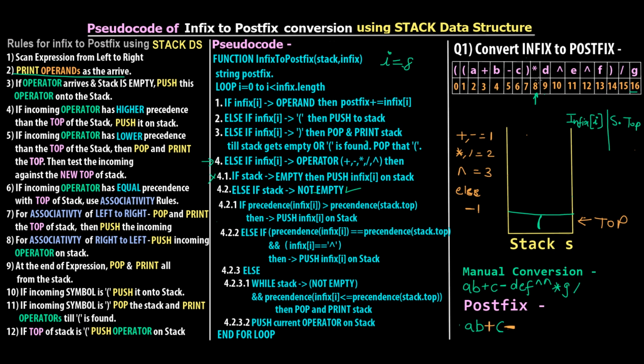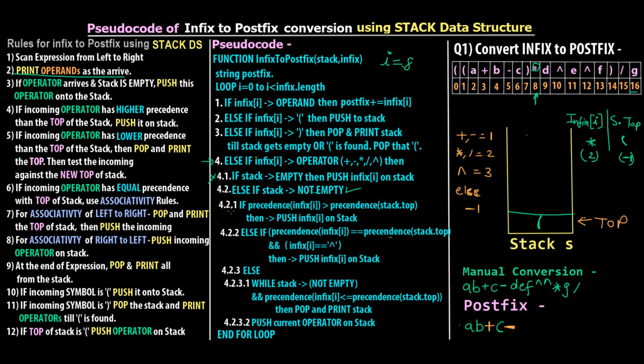In 4.2, we will see the precedence. What is infix of I? Infix of I is star. We are currently at star operator. The precedence of star is 2. So if precedence of infix of I is greater than precedence of stack of top. Stack of top is an opening bracket whose precedence will be -1 according to our custom function that we will create when we actually implement this program.